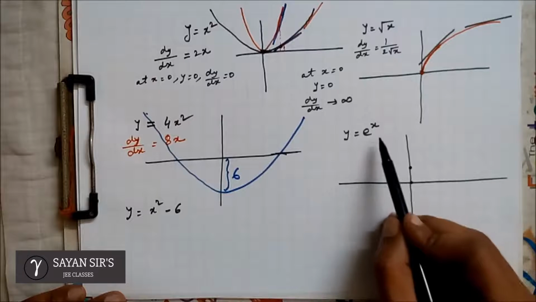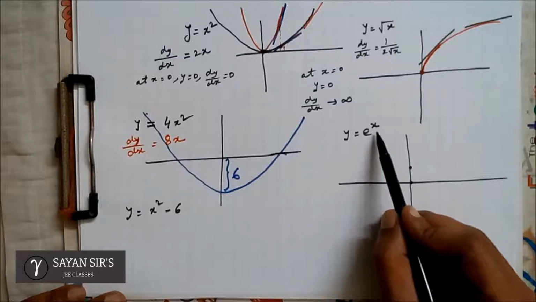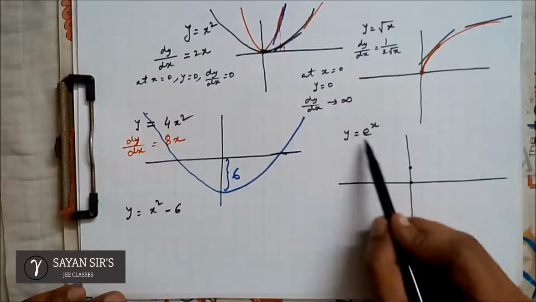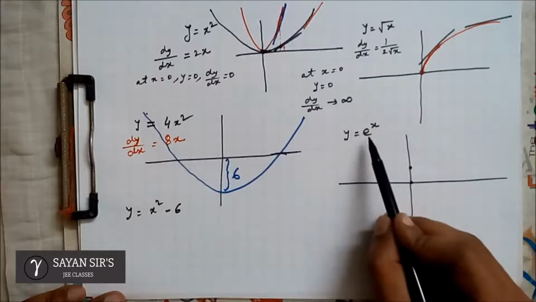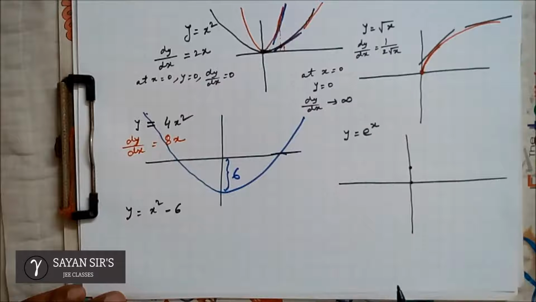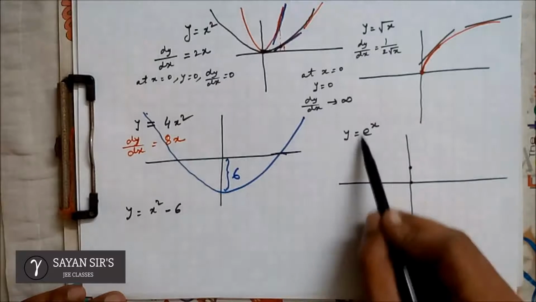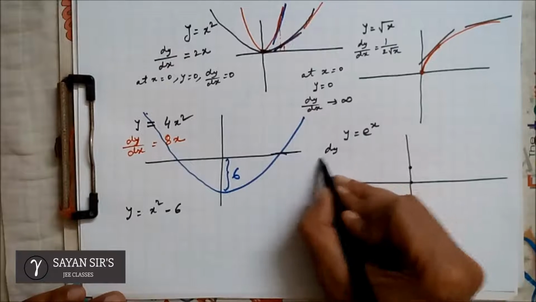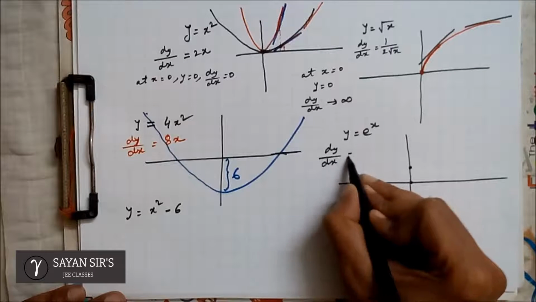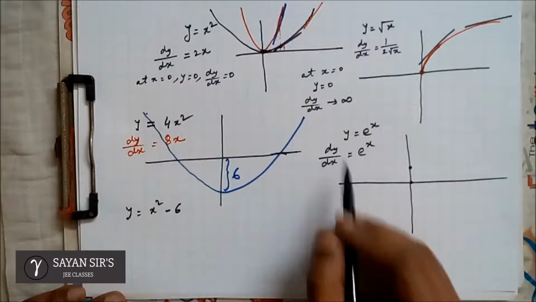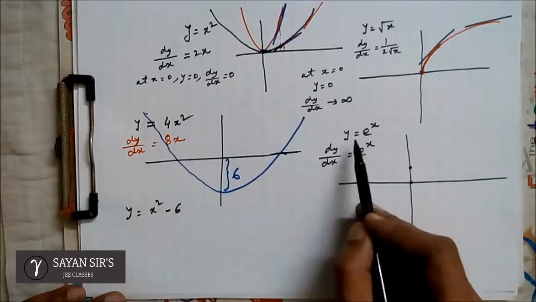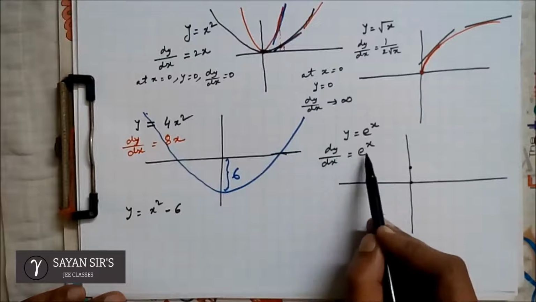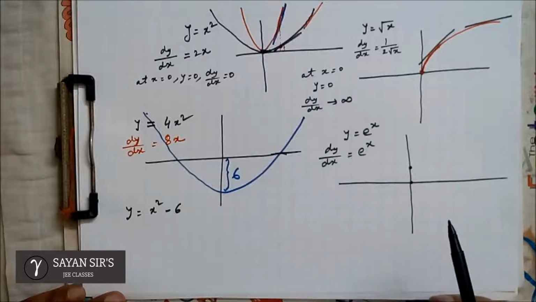We can also see that y is always positive and y also increases with increasing x. Let us see what the slope of y is.